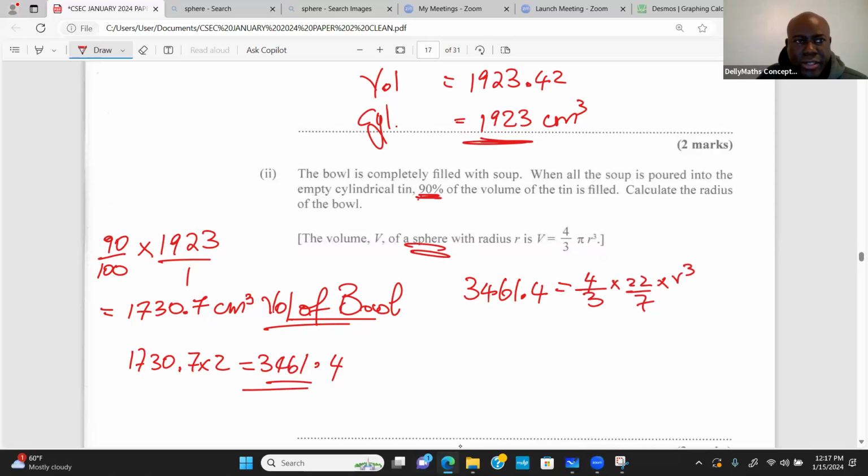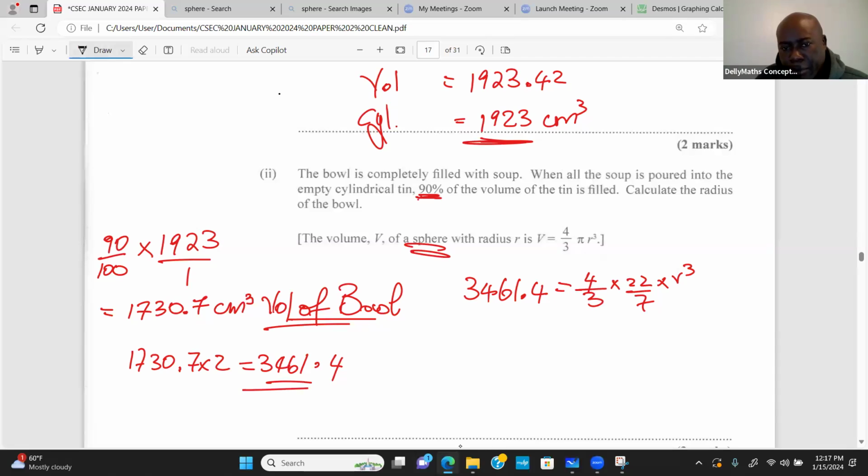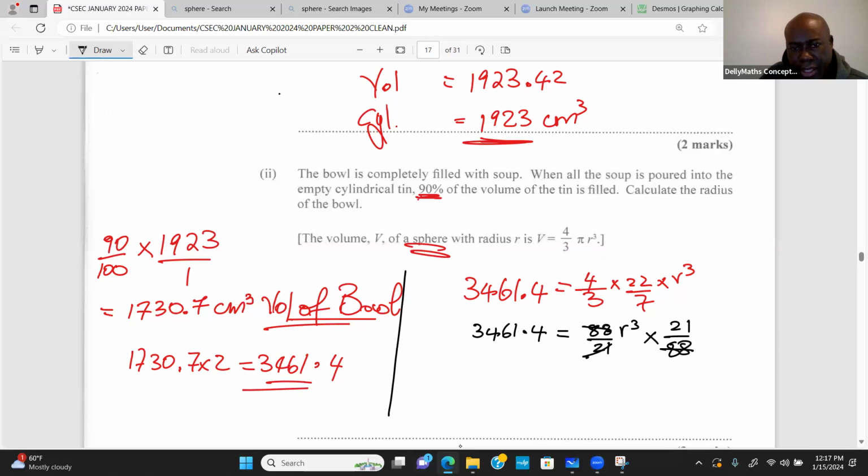Now, in this case, as you can see, what we want to do is work. Let's take one more step. I'm having 88/21 right here, and this is r cubed. So I'm going to multiply this side by 21/88, so that this would cancel this, and the 21 would cancel 21.